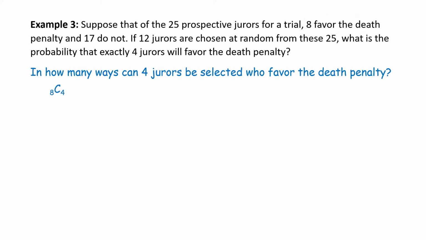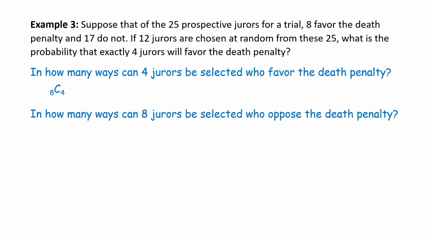8C4. Now, let's determine in how many ways 8 jurors who oppose the death penalty can be selected. The problem tells us there are 17 who oppose the death penalty. We want any 8 of those. Order doesn't matter. That again is a combination, so the count will be 17 choose 8.